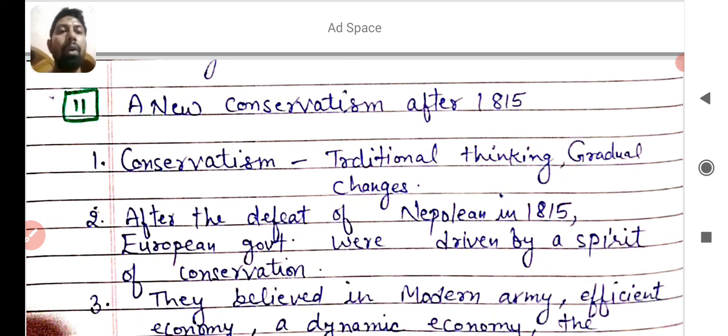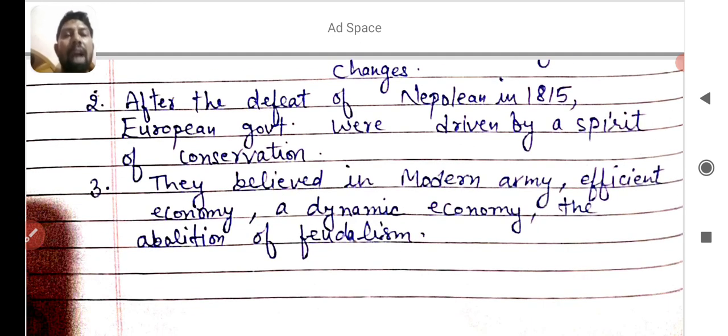After the defeat of Napoleon in 1815, European governments were driven by a spirit of conservatism. You learned what the meaning of conservatism is. They believed in a modern army, an efficient economy, a dynamic economy, and the abolition of the feudal system.